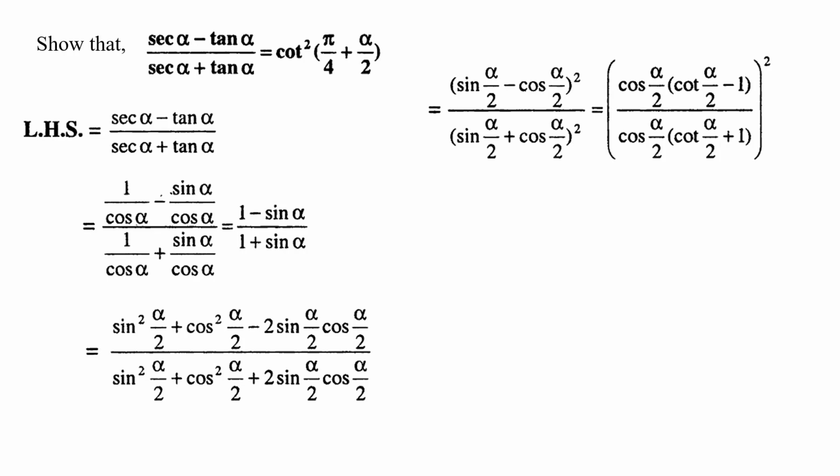Now take sin alpha by 2 as common term and divide. It will be cos alpha by 2 into (cot alpha by 2 minus 1) and cos alpha by 2 into (cot alpha by 2 plus 1).